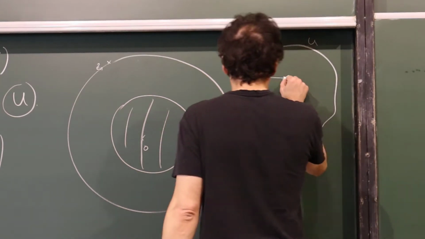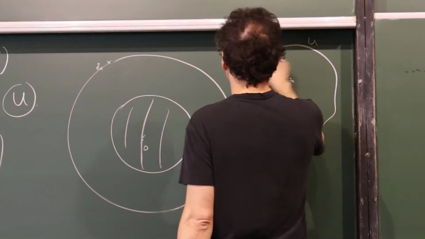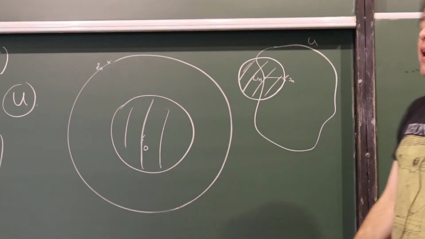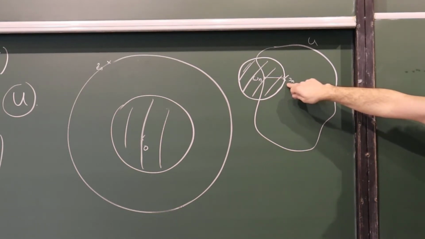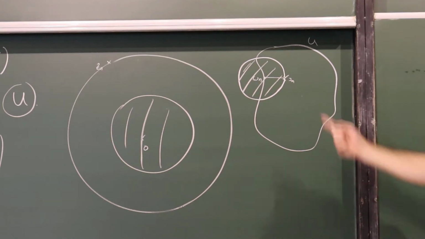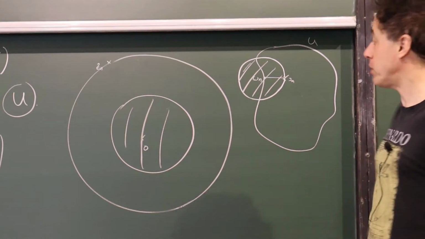Let's say we remove this closed disk here, and the function we want to be the principal part at this pole can be developed outside this disk, essentially. Why outside the disk?